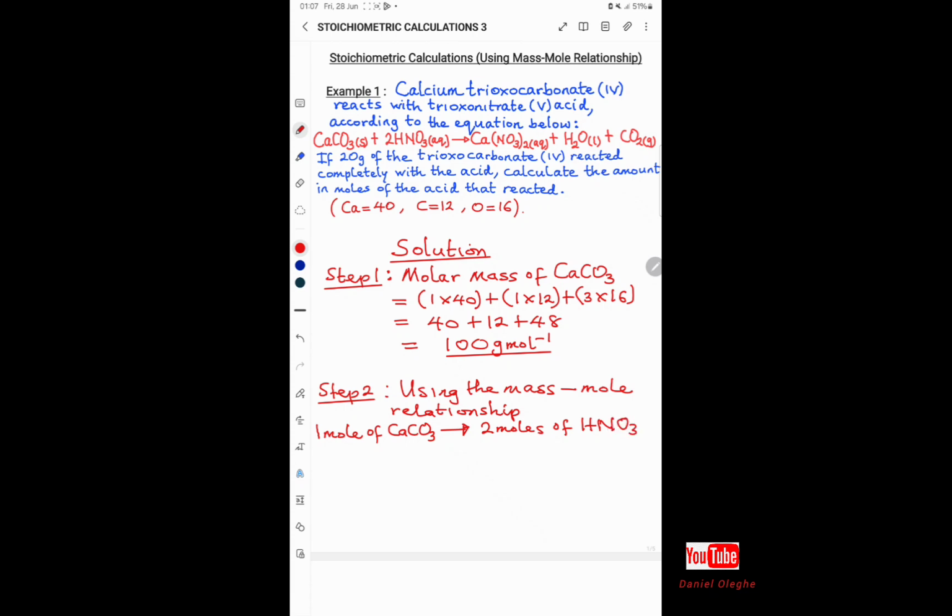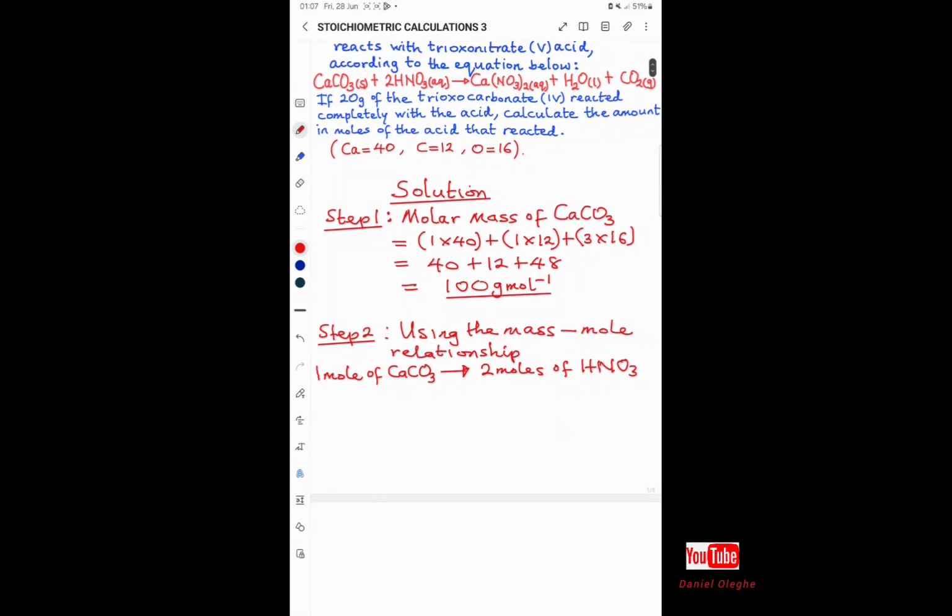Then what we do, we change the mole of the CaCO3 to mass in gram. And don't forget, in the previous video, I've explained that when you are converting the mole of a substance to the mass in gram, what you need to do is to multiply the mole by the molar mass given or that you've calculated. In step 1, we have calculated the molar mass of the CaCO3.